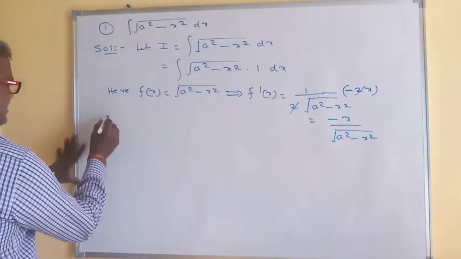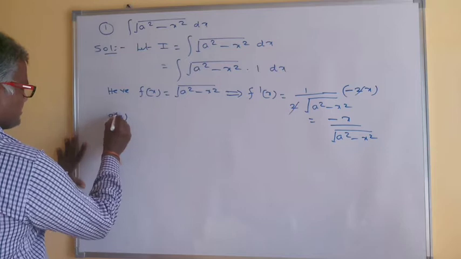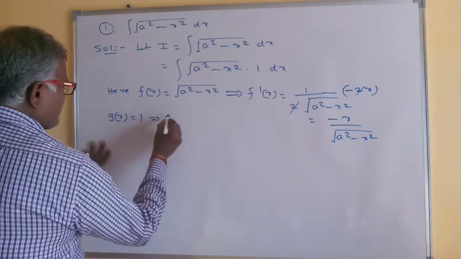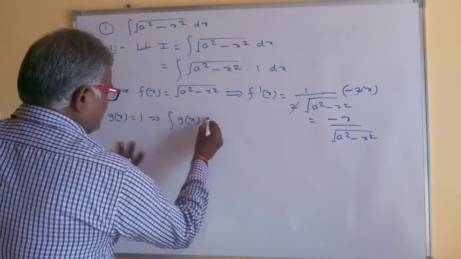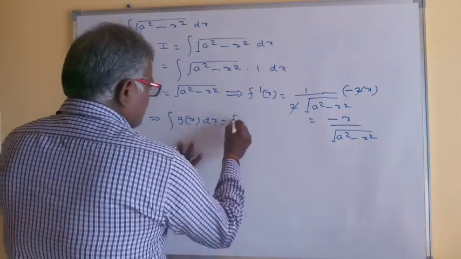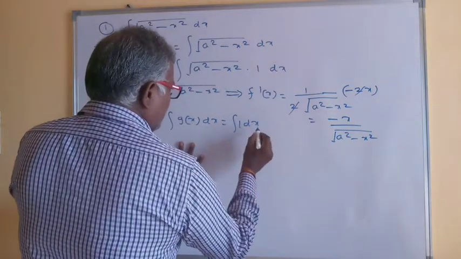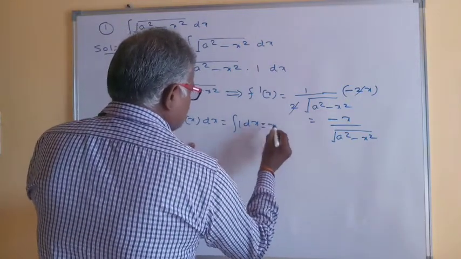Next, the second function g of x is equal to 1. For the second function you always have to evaluate the integral. So the integral of 1 is equal to x.